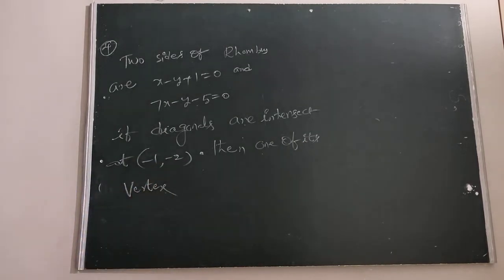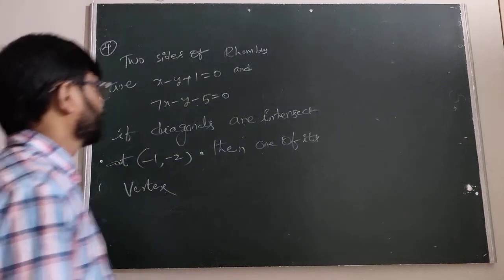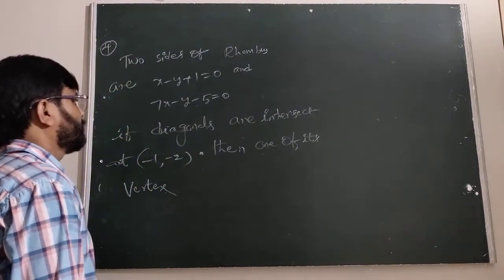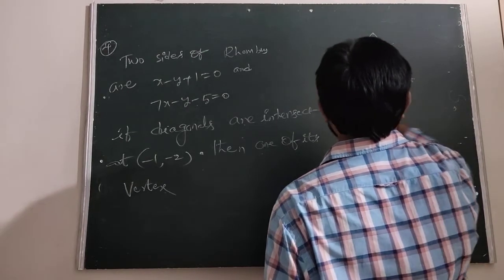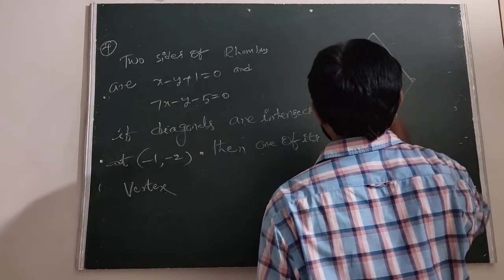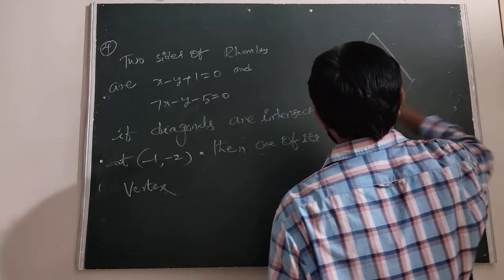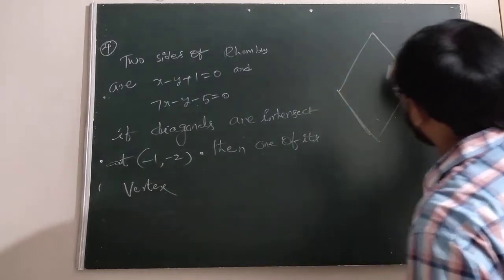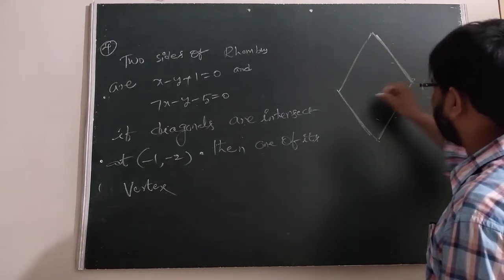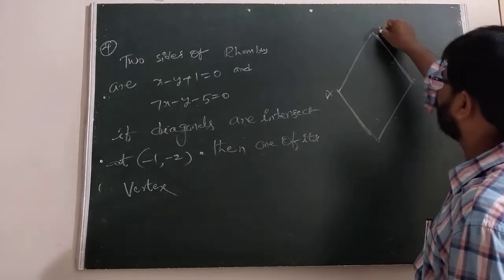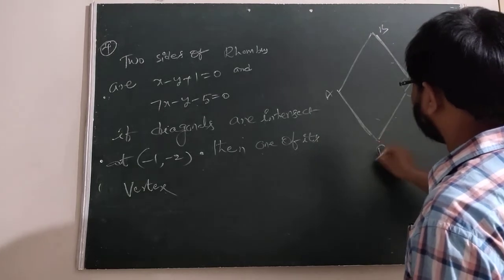We have to know that the two sides of the rhombus are given here. This one and this one are parallel, and this one and this one are parallel. This is the rhombus ABCD. Is it clear?